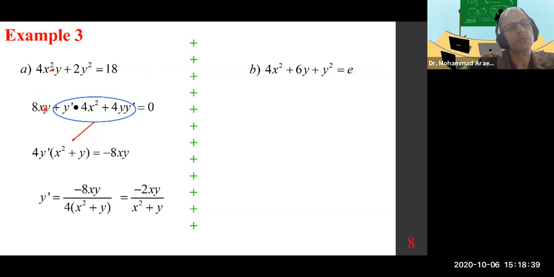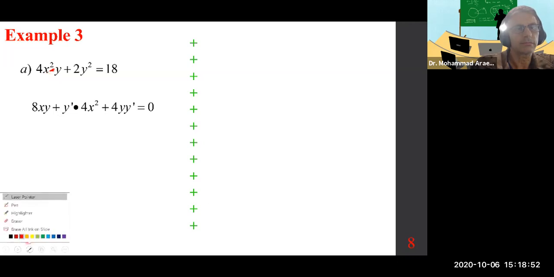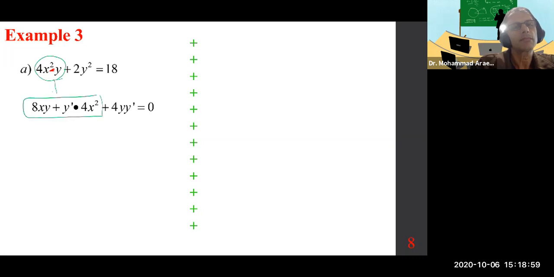You're okay with this part? Do you see that 4x squared y gives us this? So one more time. 4x squared times y. 4x squared gives us 8x times y by the product rule.